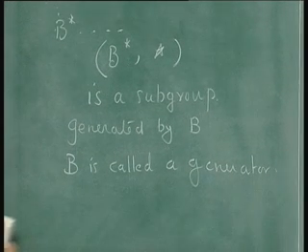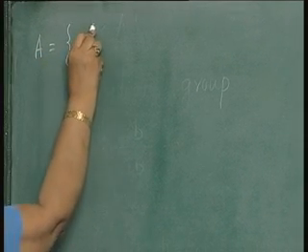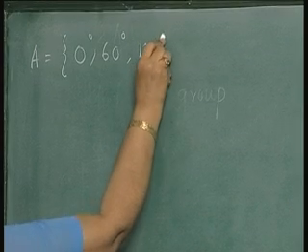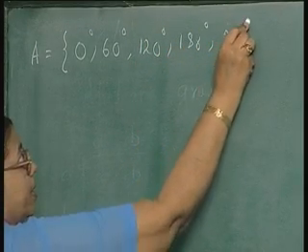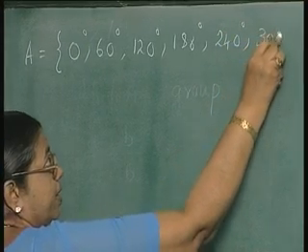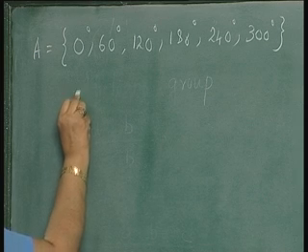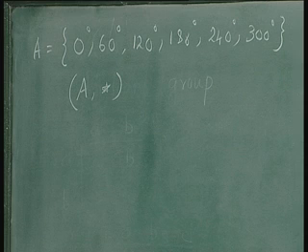Look at this example of rotations about a plane. The set A is taken as the set of rotations 0 degrees, 60 degrees, 120 degrees, 180 degrees, 240 degrees, 300 degrees. We have seen that under composition of rotation, which is denoted by this symbol, this is a group.